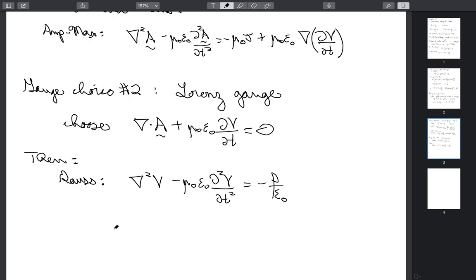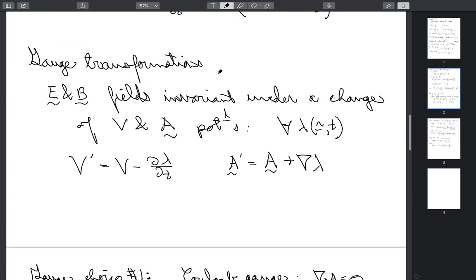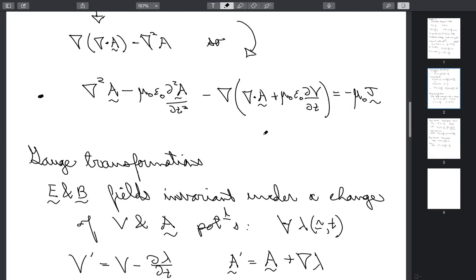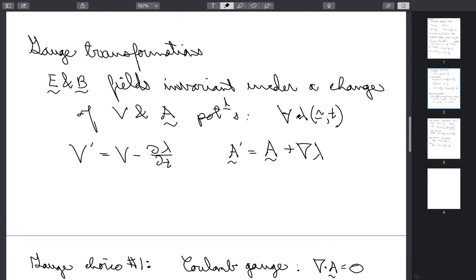But now if I look at Ampère-Maxwell, what I'm left with is just this, but this term is now just gone.